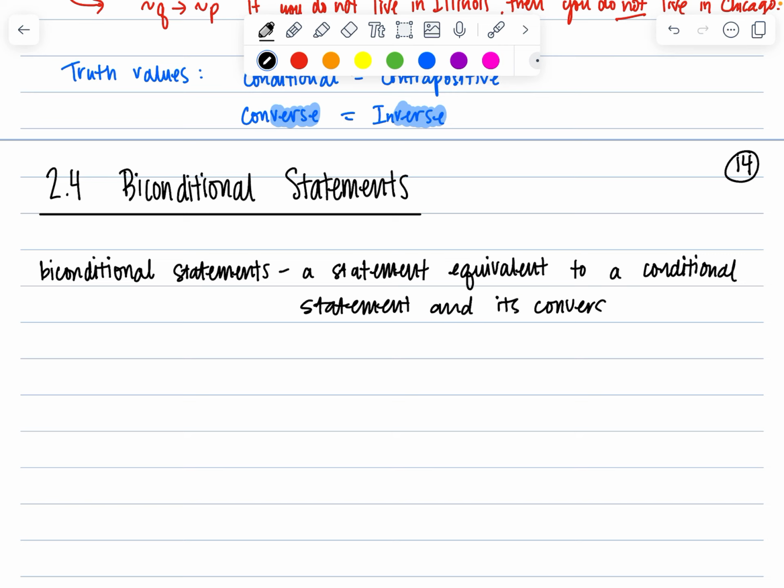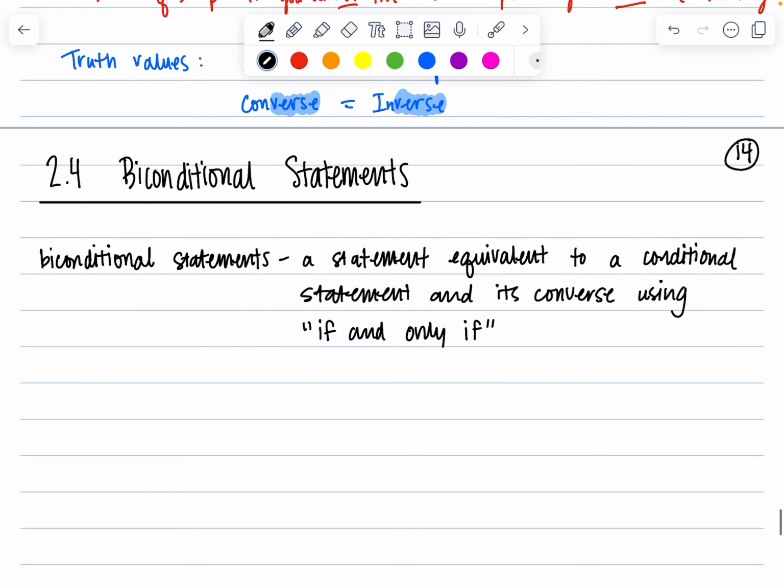If you recall, a conditional statement is P then Q, the converse is Q then P, so we switch the order. We use specific phrasing, in quotes, "if and only if." So we are merging two different statements into one. P then Q, and Q then P becomes one statement.